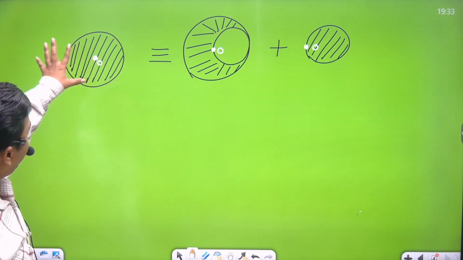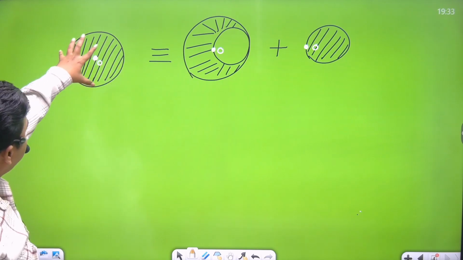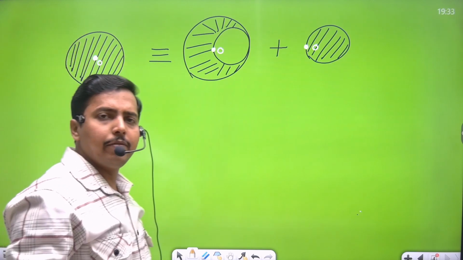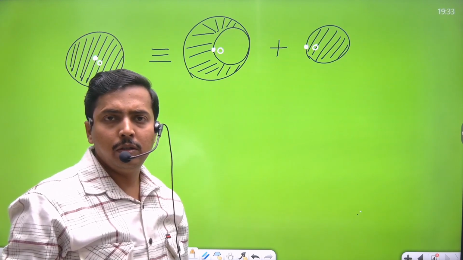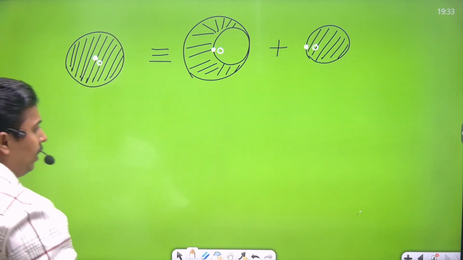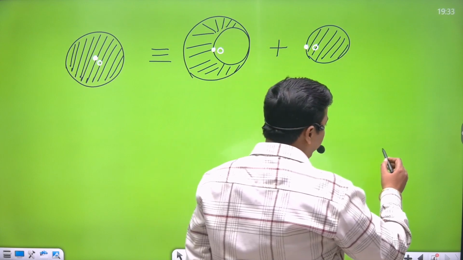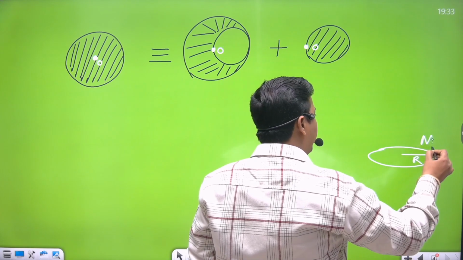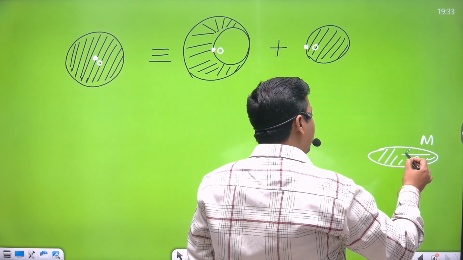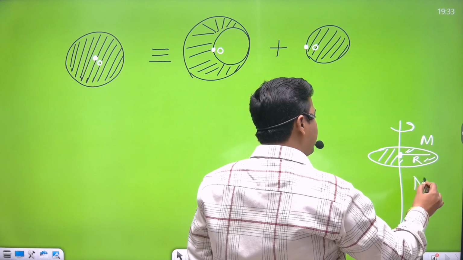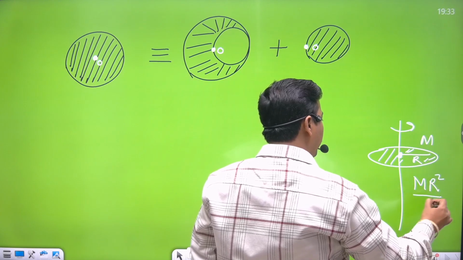So you can see the moment of inertia of the whole body about point O is a very basic formula. Why? Because when you have a disk of radius r and mass capital M, its moment of inertia about the center of mass is Mr square by 2.